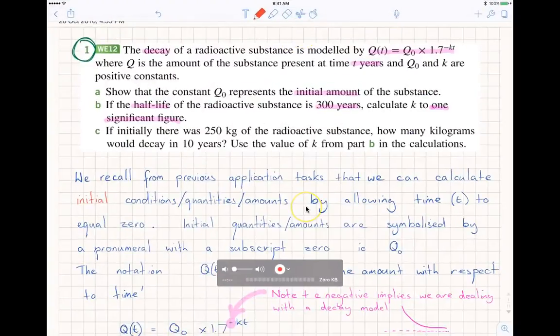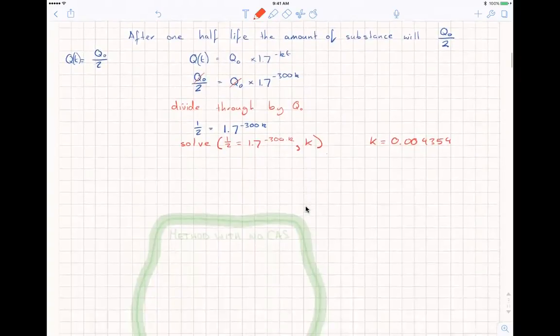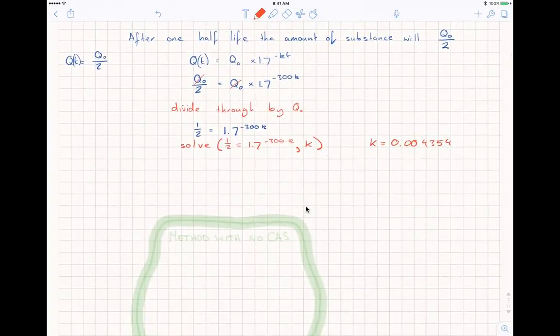So that means we can only include the first figure that isn't 0. That would be 2 significant figures, but we want 1 significant figure, so it would only be K equals 0.004.